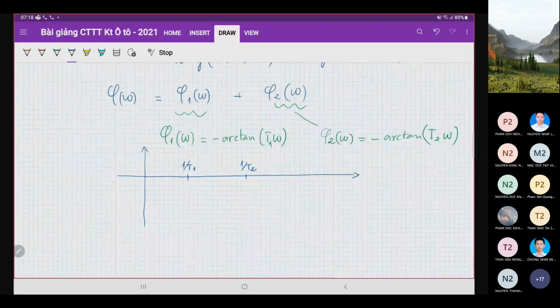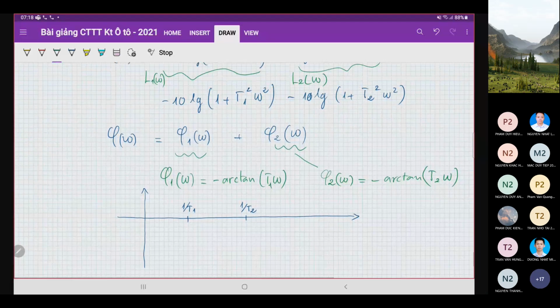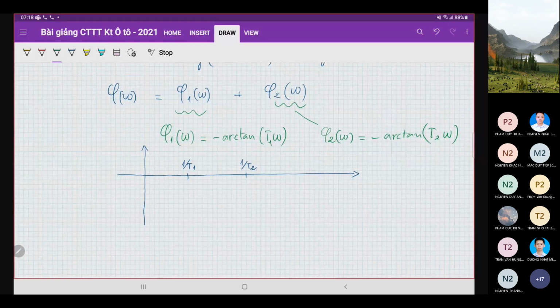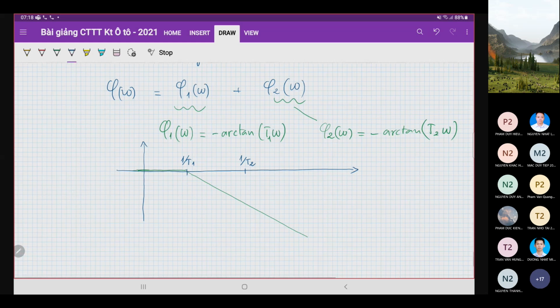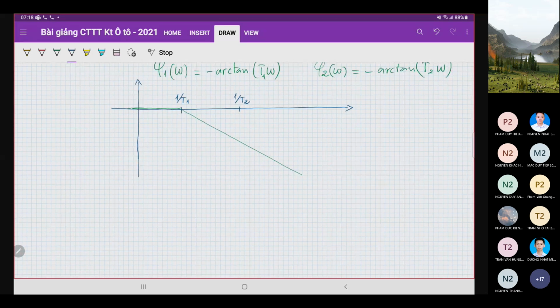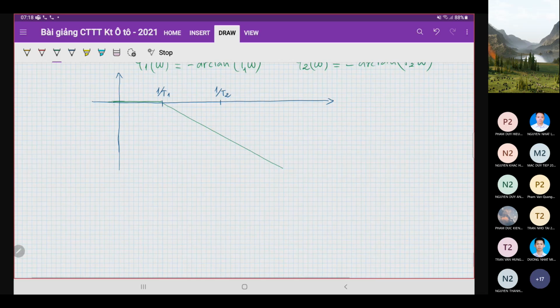Then we draw first the diagram for L1(omega). It has two asymptote lines here, and here is minus 20 decibel per decade, and the real one we call here L1(omega).